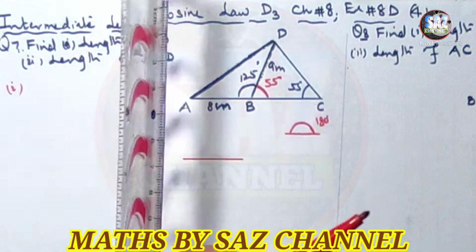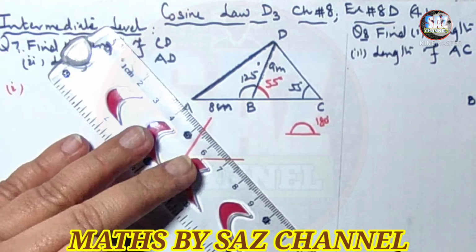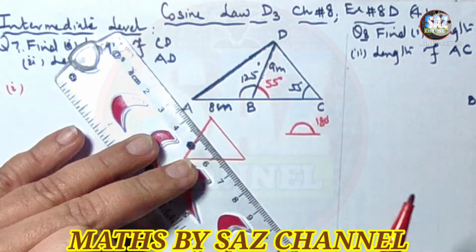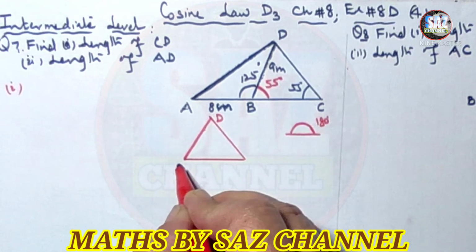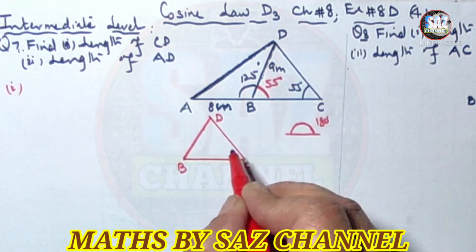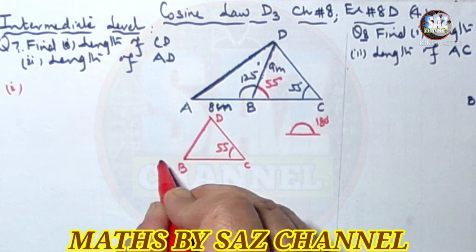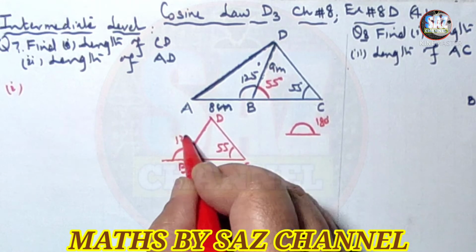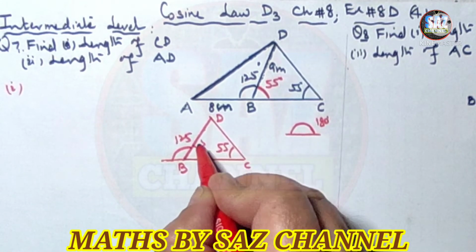This is B, D, and C. Now look, this is D, this is B, and this is C. Here this was already given, this is 55 degrees, and over here this was 125 degrees, and this angle we have calculated now, 55 degrees.